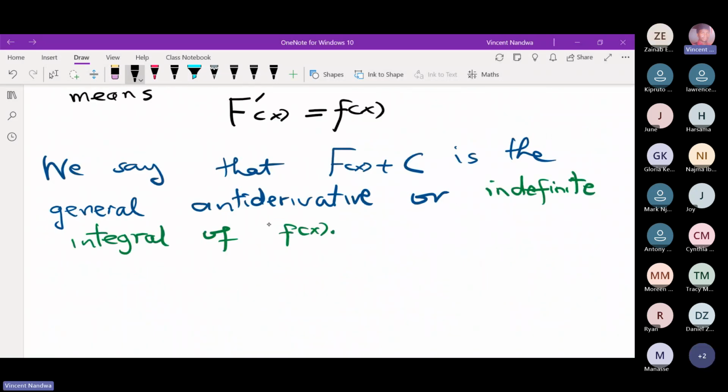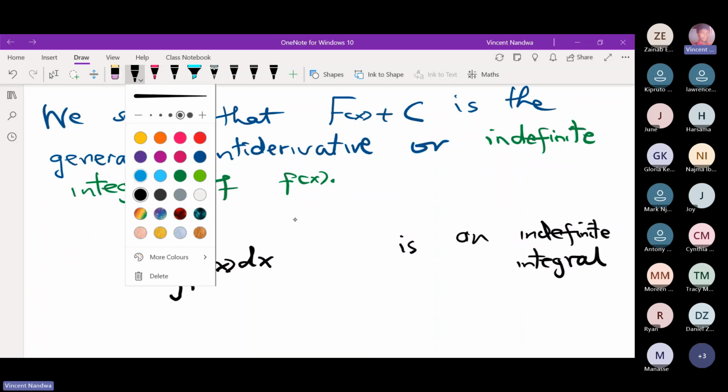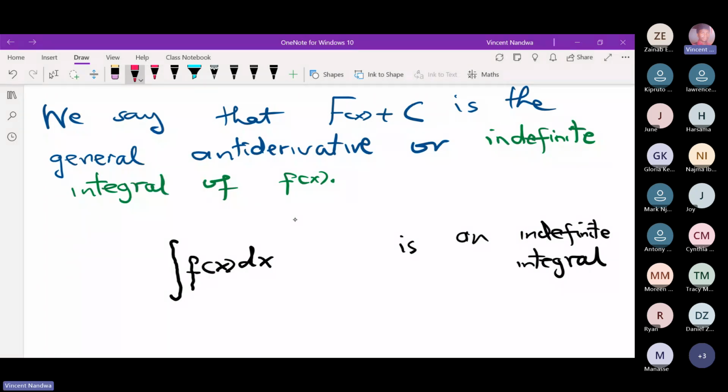So we are saying that if I write this sign, and then I have my f of x function, dx, this is called the indefinite integral. Here, this is what we call the integration sign.